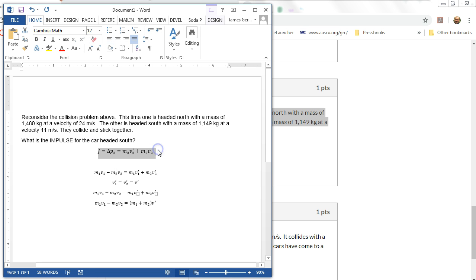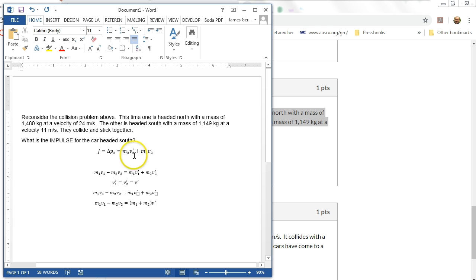All right, so that's where we started out. This is what we're after. We're after the impulse, right? Impulse, J is delta P2, the car headed south. This is its momentum after the fact, right? This is minus its momentum before the fact, right? Minus the minus m2 v2.